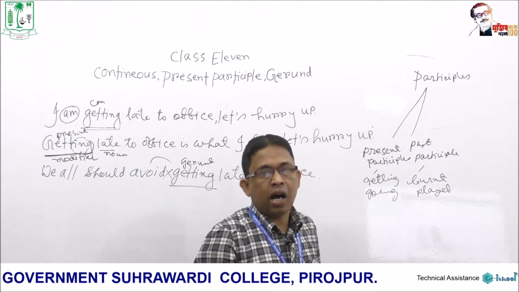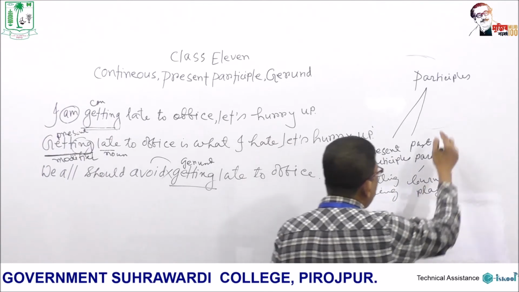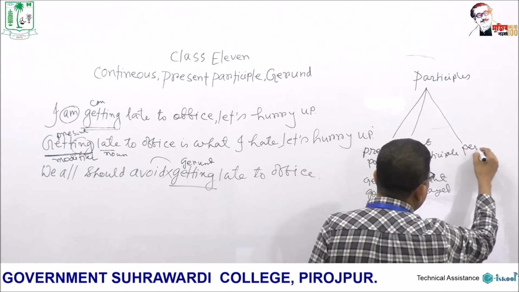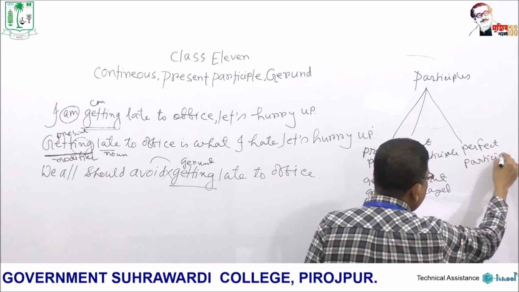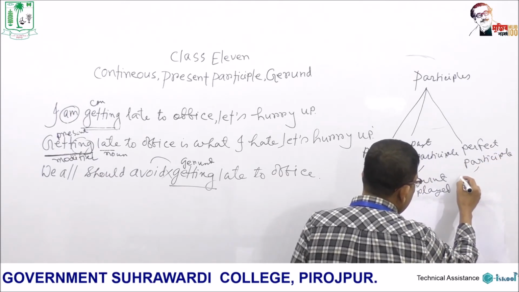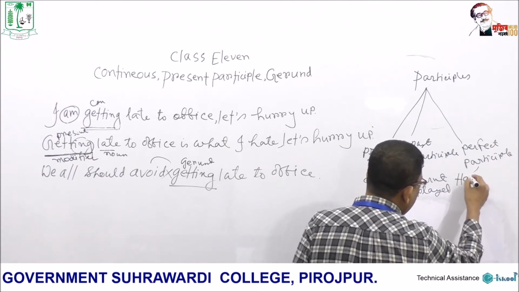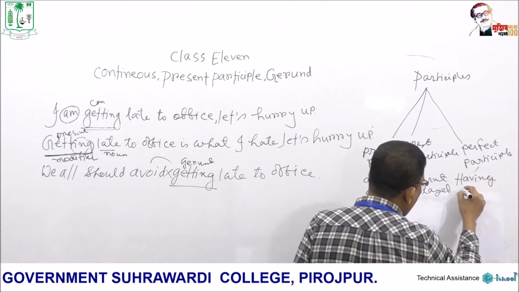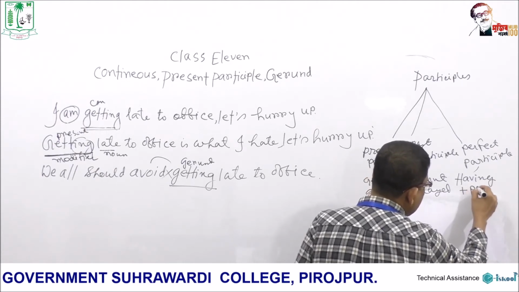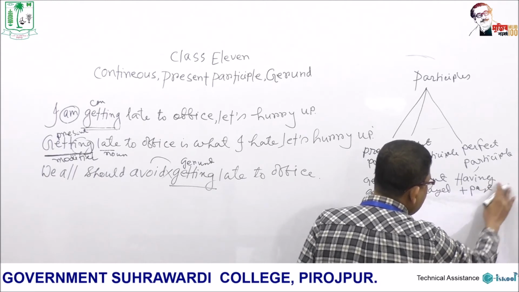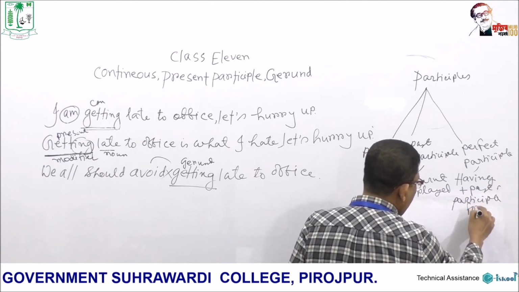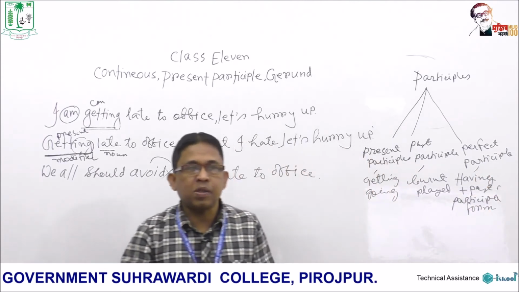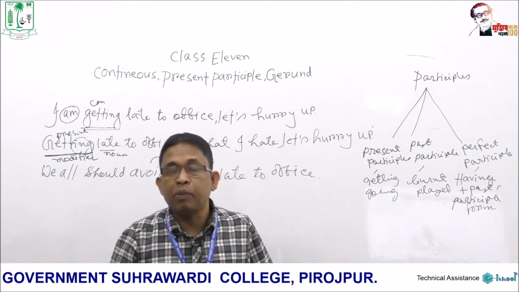So, participles are of three types: present participle, past participle and perfect participle. Notice perfect participle. For example, having plus the past participle form of the main verb is called perfect participle.